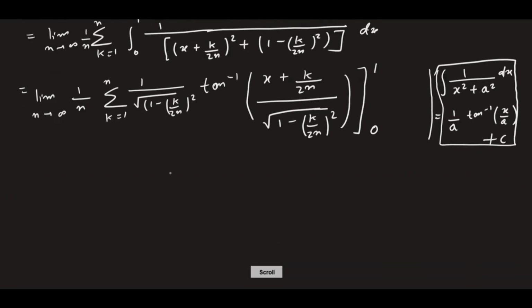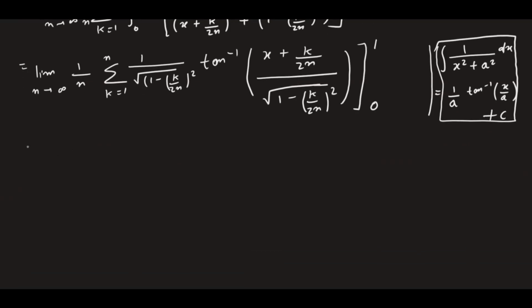So this will be limit n goes to infinity, 1 by n, sum k from 1 to n.